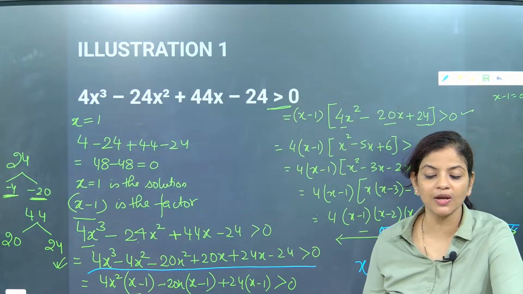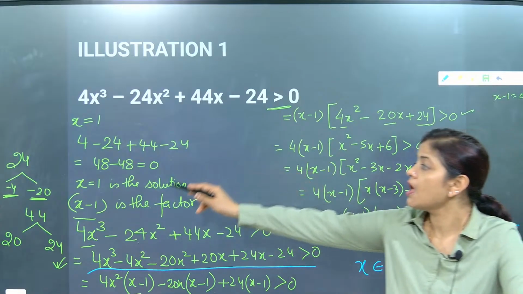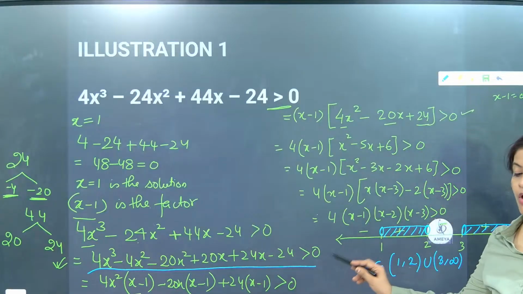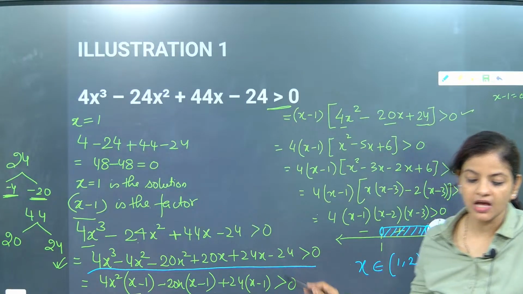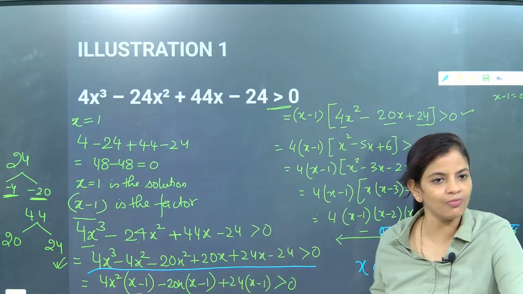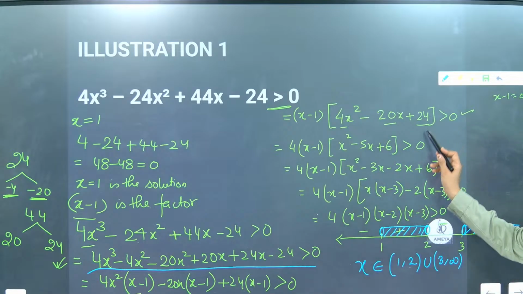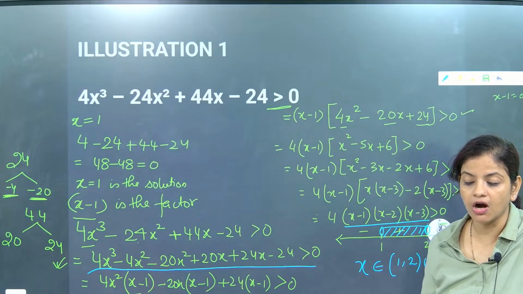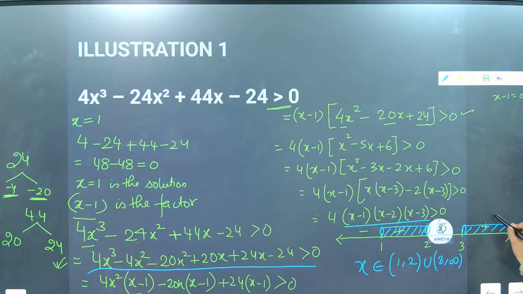Once x equal to 1 becomes the solution, we got x minus 1 as a factor. This was the crucial step of splitting. Once we split it, x minus 1 came out from all the parts, and then we factorized it. After factorizing, how many points did we get, beta? 3 points. All the 3 points we represented on a line, and then we started with positive.